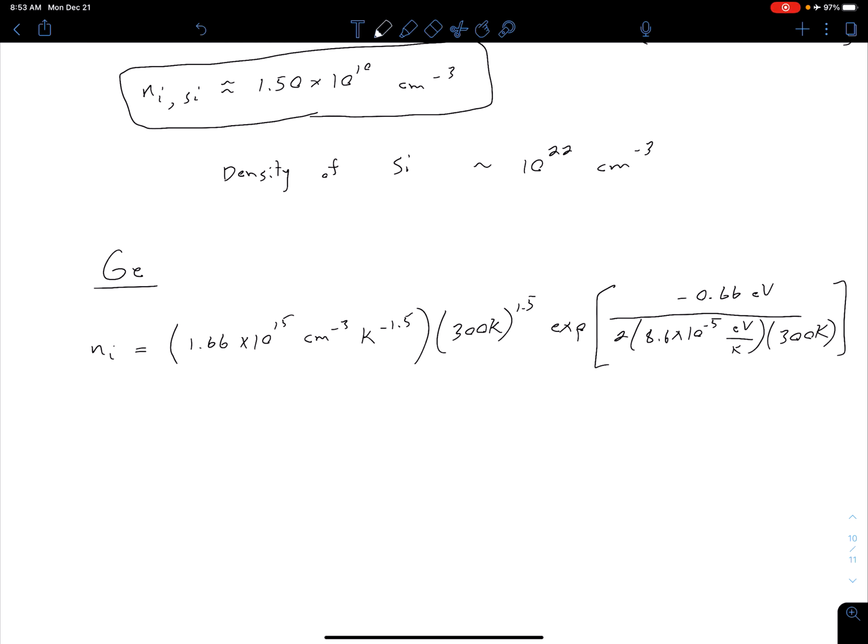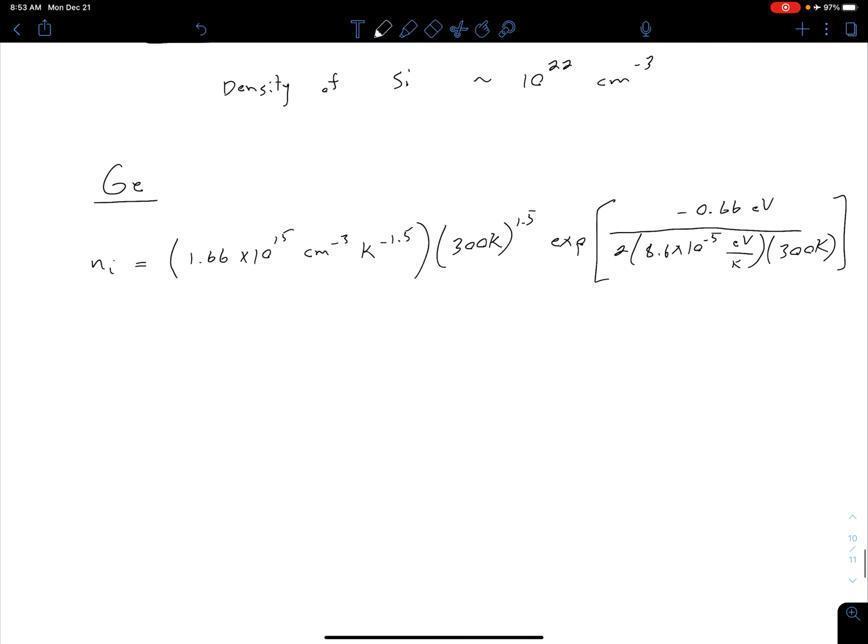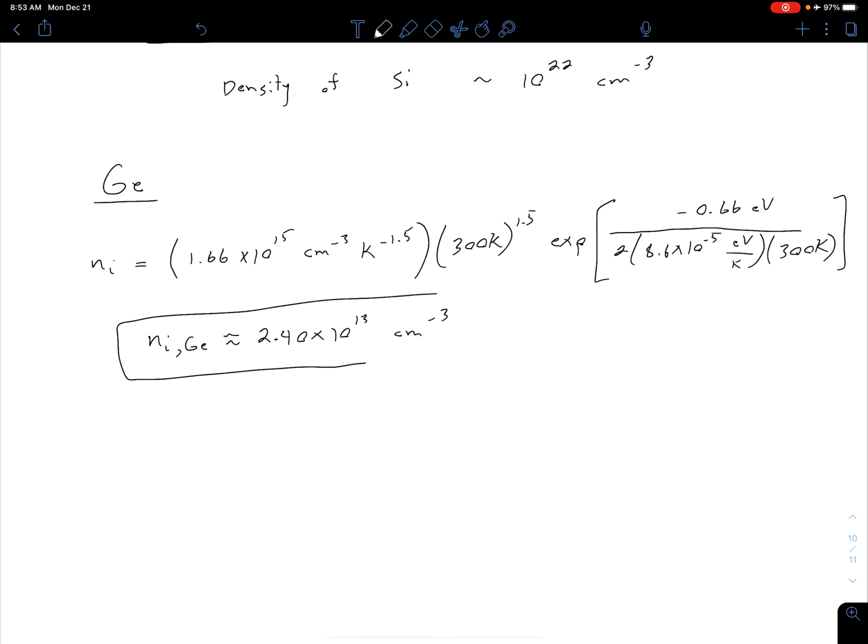Plugging all that in, our units are going to work out the same way they did for silicon, and we get that our Ni for germanium is approximately equal to 2.40 times 10 to the 13th per cubic centimeter.